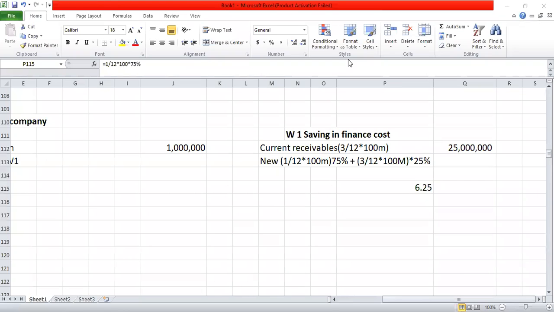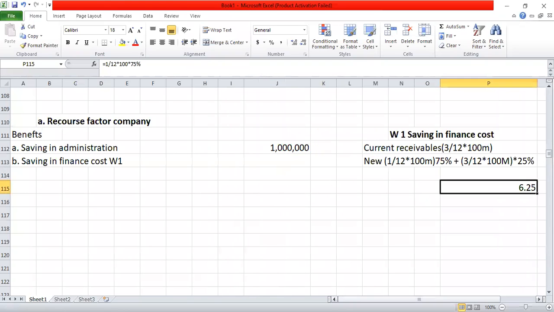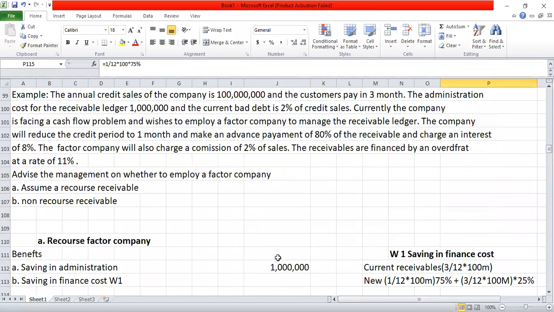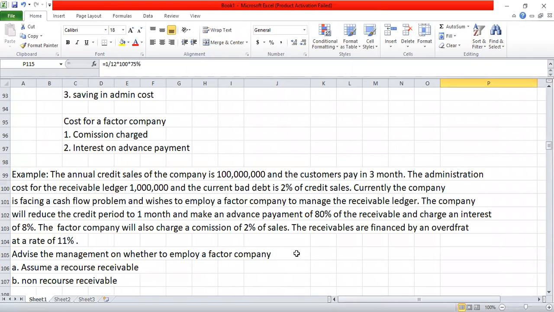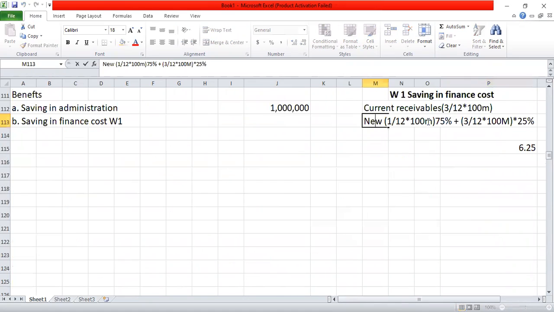It's taking 80%, eh? I think I'm reading wrong information.